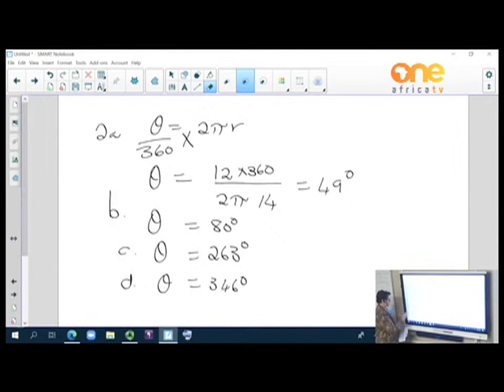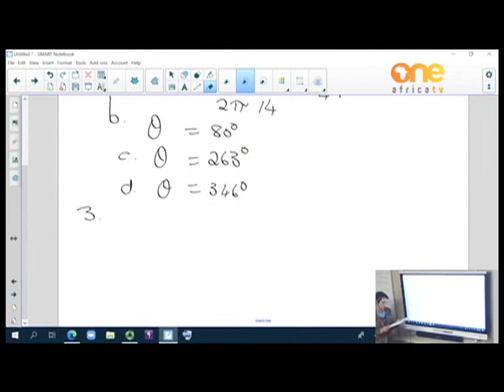Okay, now we're looking at question 3. The diagram shows the minor sector OAB of a circle. OB is the radius, which is 10, and the arc length is 21. Find angle OAB. So it's the same thing, theta over 360 of 2 pi, what is the radius? 10, and what is the arc length? 21.